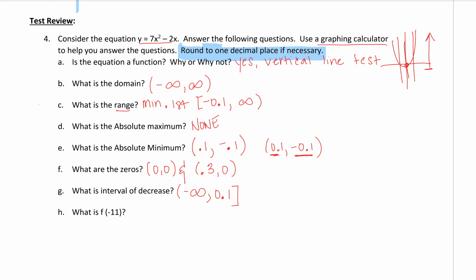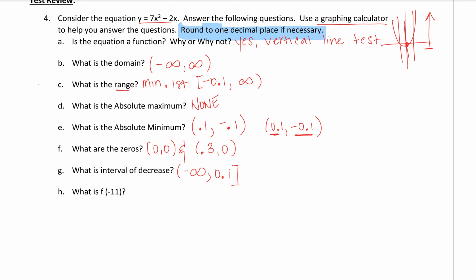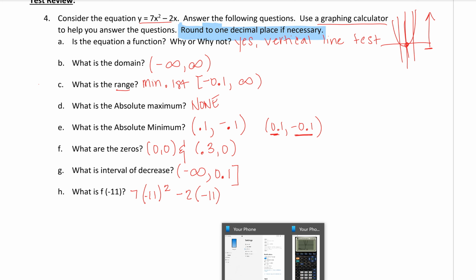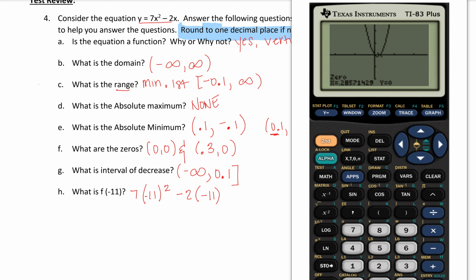All right, now it asks, what is f of negative 11? Well, all you need to do to figure that out is to take and plug in negative 11 into your original equation. So then you can go to your calculator, you can go second quit, and you can plug in your equation.